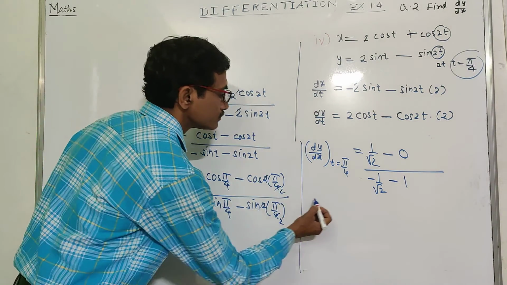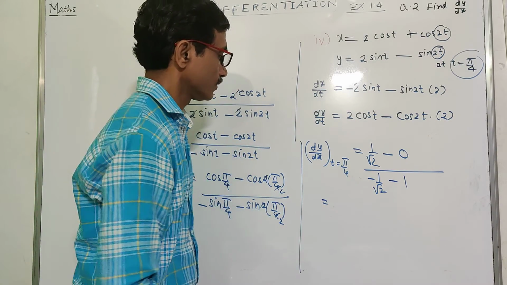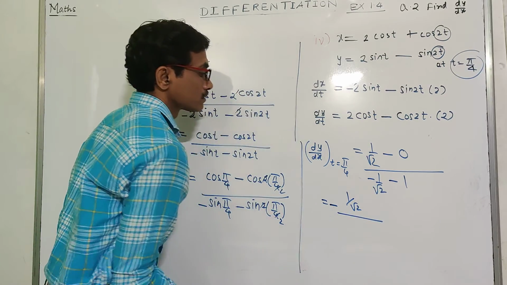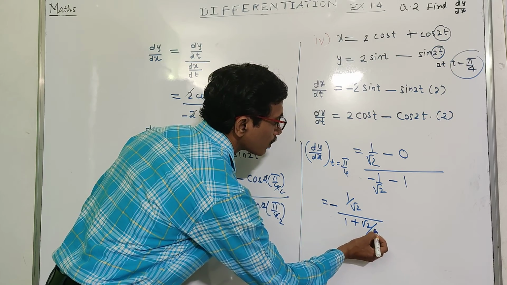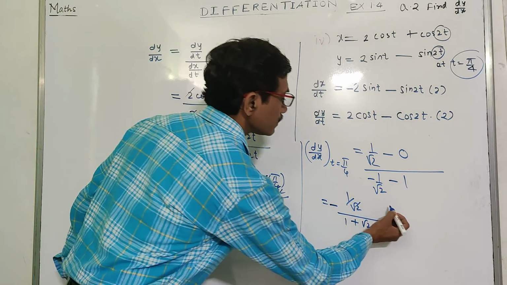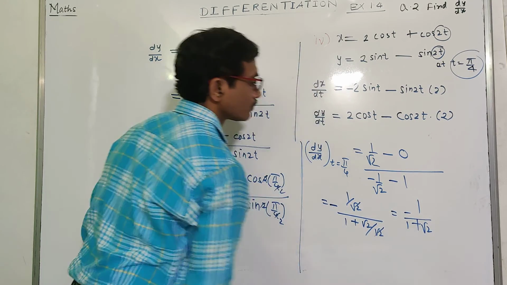Simplify it. Here the LCM will be root 2, and we can write 1 by root 2 and this is 1 plus root 2 upon root 2. So this is getting cancelled and we are getting minus 1 upon 1 plus root 2.